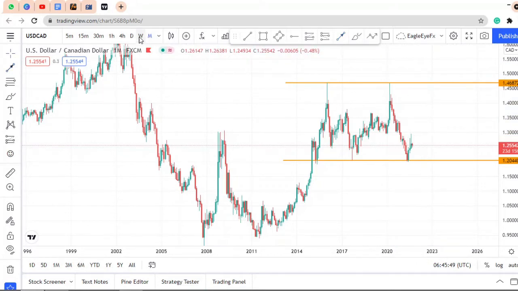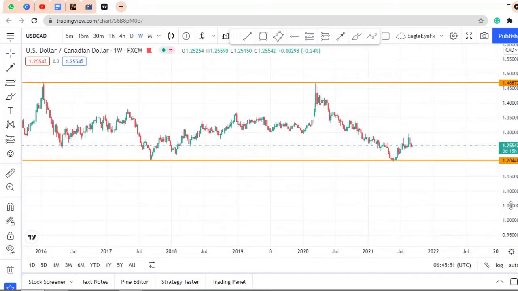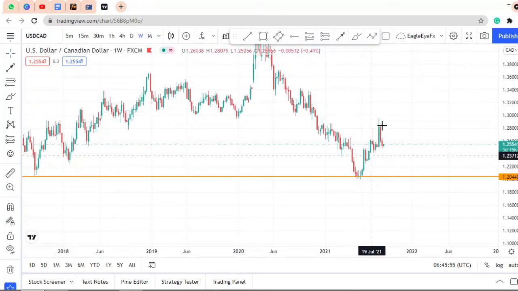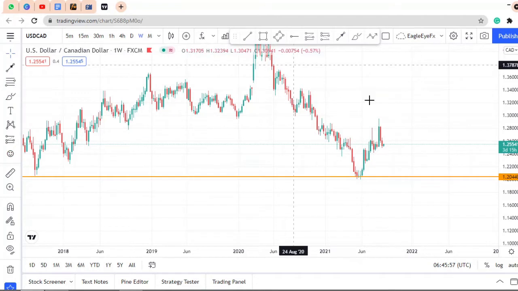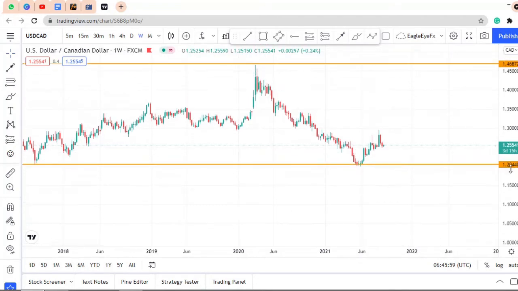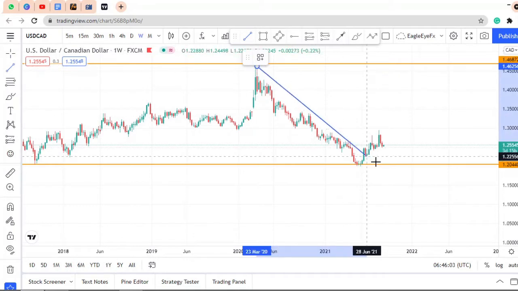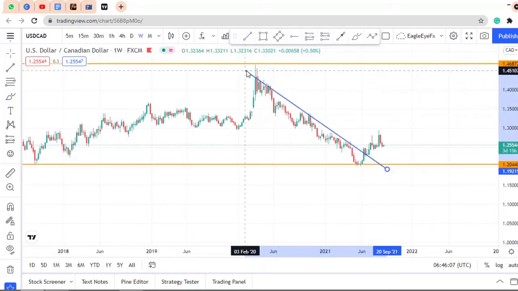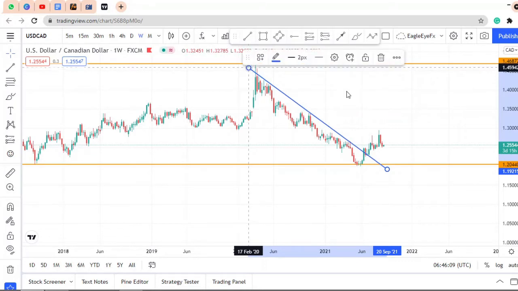Right, let's go to the weekly time frame, and from the weekly time frame now I'm interested in what is currently happening here. So you can see that Usdcad has been on a bearish move. Okay, been a strong bearish movement to the down like that.